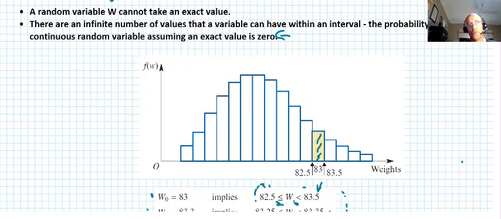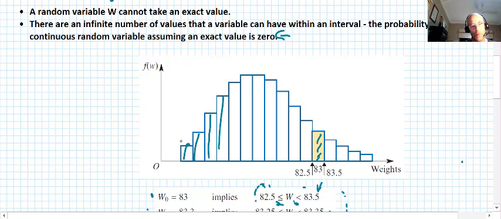Now, we're using this method as an estimation, as I've been saying, and that can vary too. The estimation can improve. Suppose we have a larger sample size and the class intervals were smaller and smaller, with smaller and smaller columns and more of them, and they all had their own little heights.